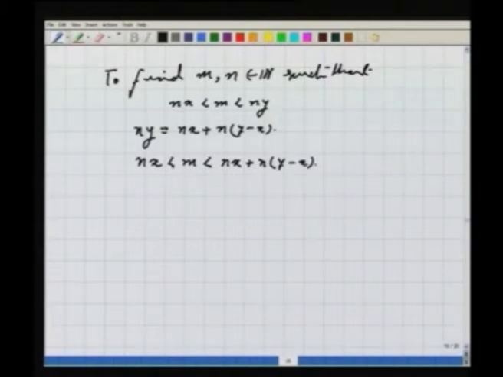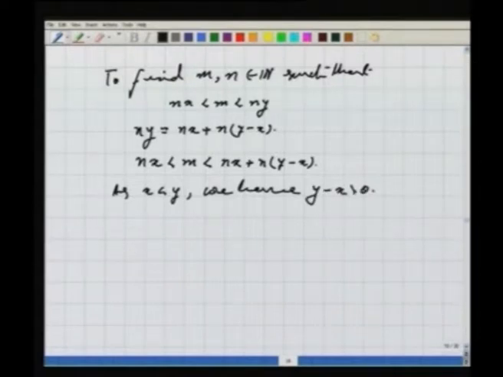Okay, very good. Now, since x is less than y, I already know that y minus x is strictly bigger than 0.